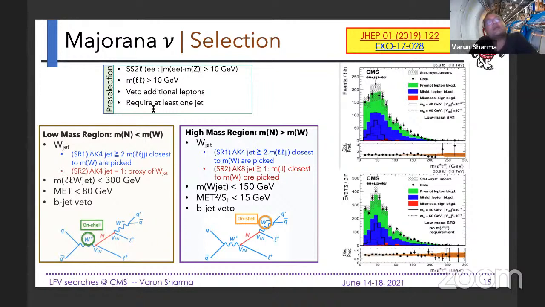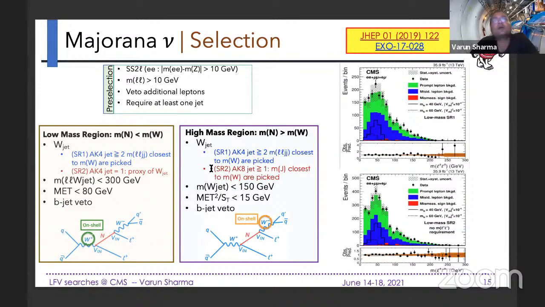And like previous analyses, this analysis is also categorized into two regions, the low mass region and the high mass region. The low mass region is when the mass of the Majorana neutrino is less than the W mass, while for the high mass region, we require it to be greater than the W mass. They are further categorized into two categories based on the number of jets.